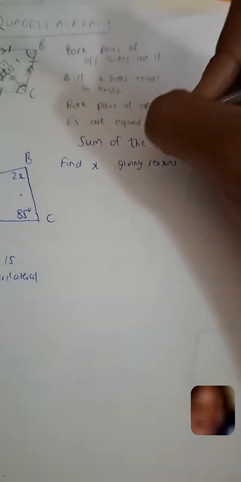So there's something I wanted to just say here. The sum of the interior angles of any quadrilateral is 360 degrees. Are you with me, Kia? Yes.